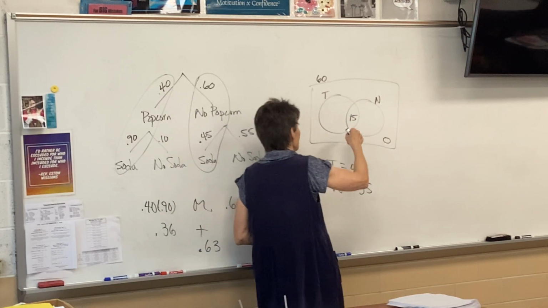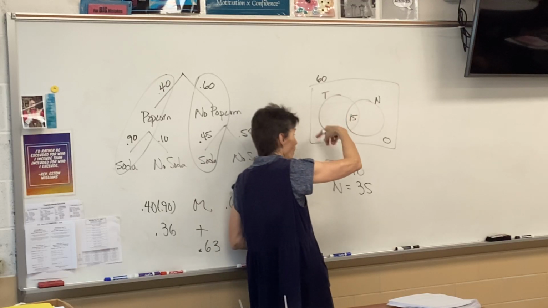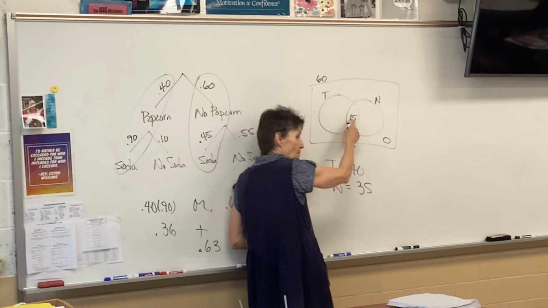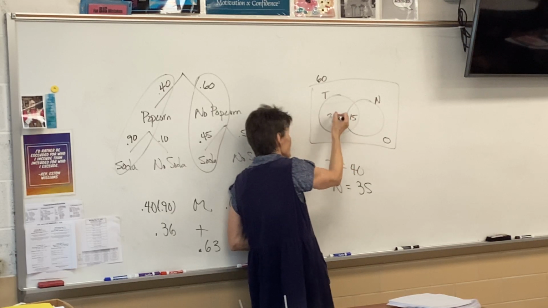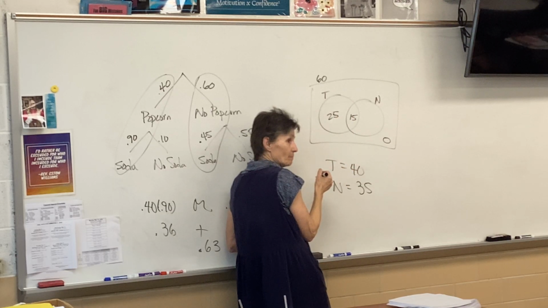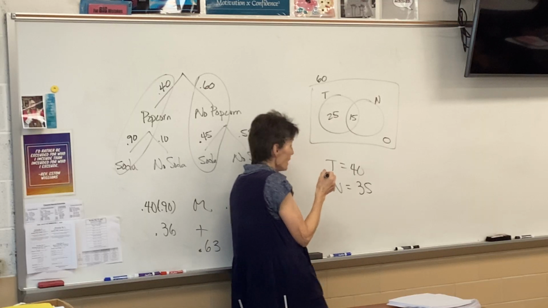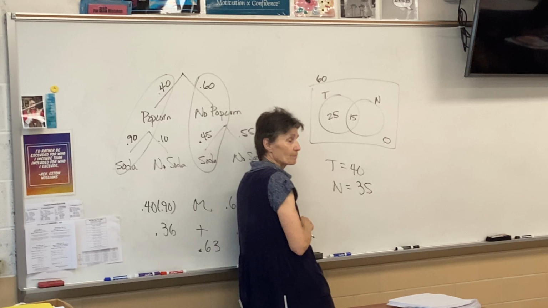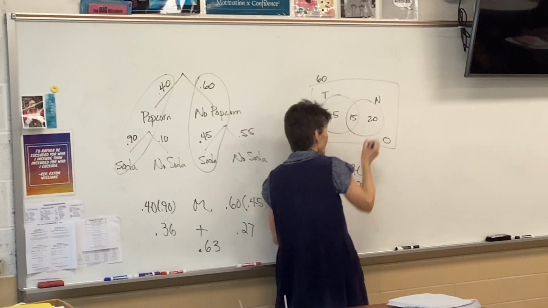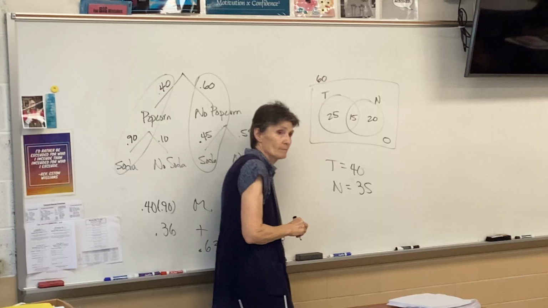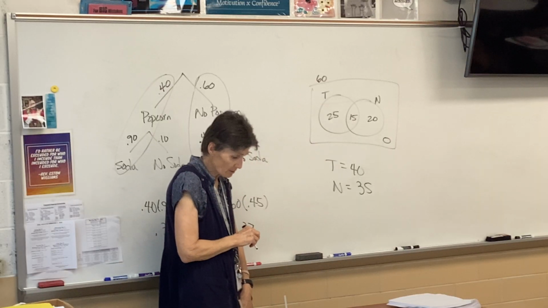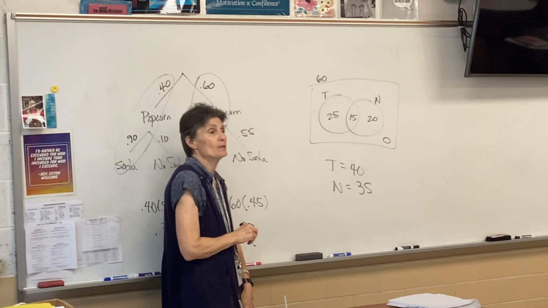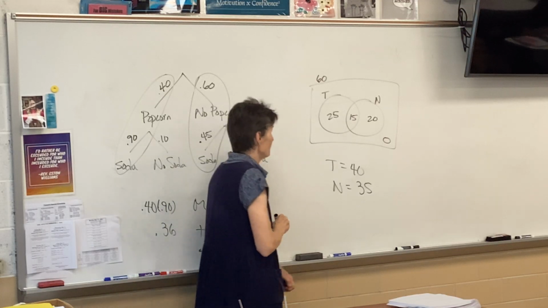Now, if the whole teaching ball is 40, but 15 of them are in the overlap, then this has gotta be 25. And if the whole nursing ball is 35, doesn't this need to be 20? And now I can answer the question. How many indicated an interest in only nursing?